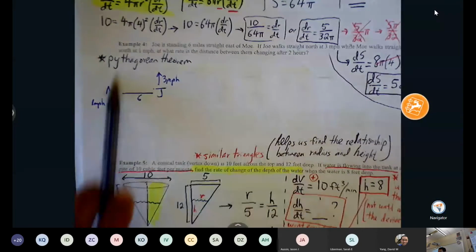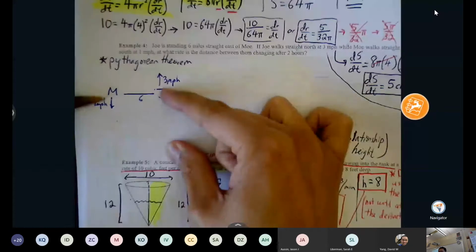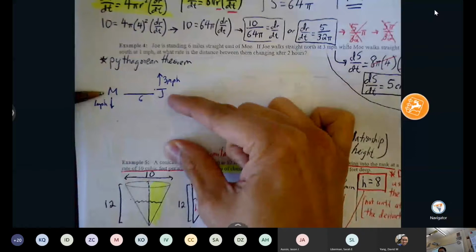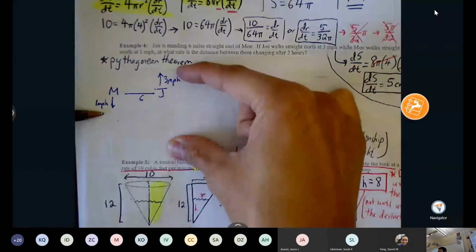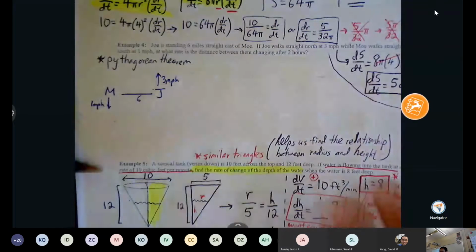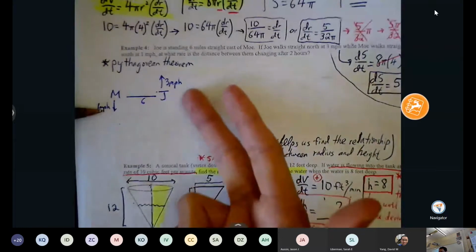So this doesn't quite fit into one right triangle. So let's think about the merging of these two rates, right? After 1 hour, what is that distance between them? 4 miles, right? So what if we just let Joe absorb the rate that is changing between them?